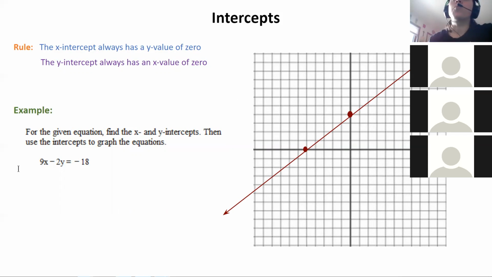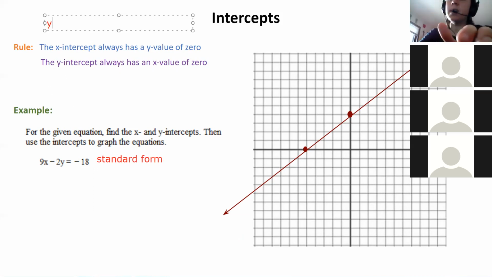Okay, so we're going to graph this equation. And right now, this equation is in what we call standard form. That's different than the equations we were graphing before. We are used to that y equals mx plus b form, the slope-intercept form.